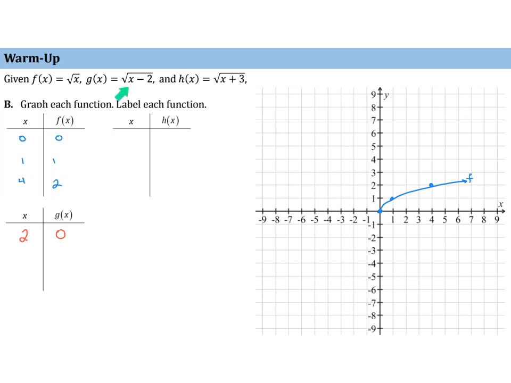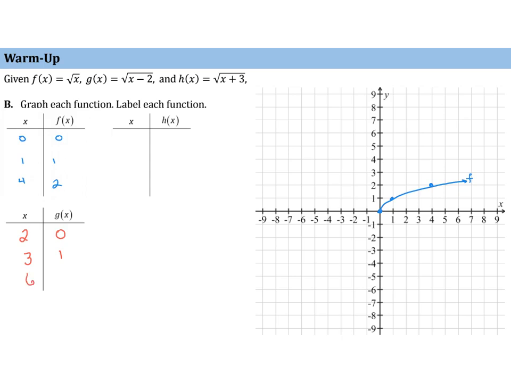Likewise, if we want to take the square root of 1, we now have to put in x equals 3. And that will give us the square root of 3 minus 2, which is the square root of 1, which is 1. And lastly, we took the square root of 4. To get 4, we're going to have to put x equals 6 in.